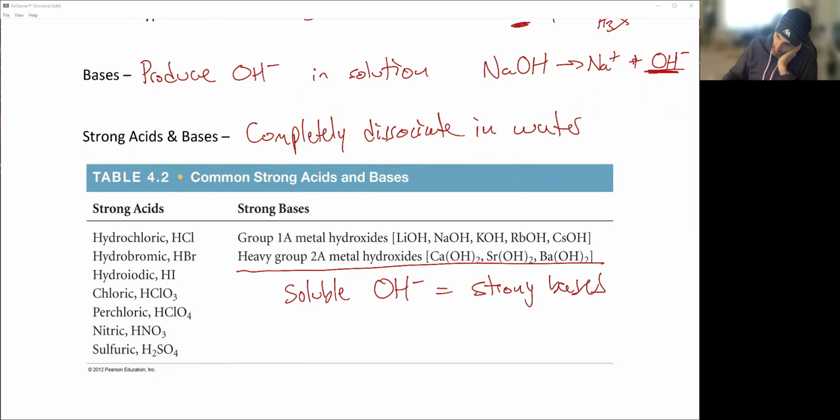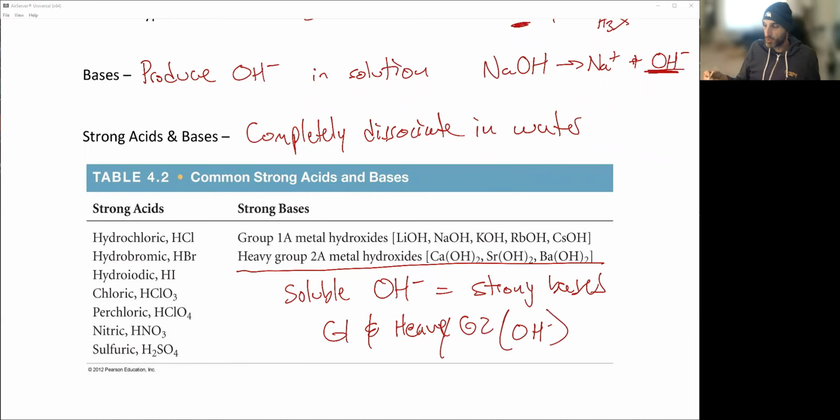The strong bases are simply group 1 and heavy group 2 hydroxides: calcium, strontium, and barium. If you look at the periodic table, you'll notice they're the heavy ones. Everything else is essentially an insoluble hydroxide. So that's how you recognize those. Group 1 and heavy group 2 are the strong ones.